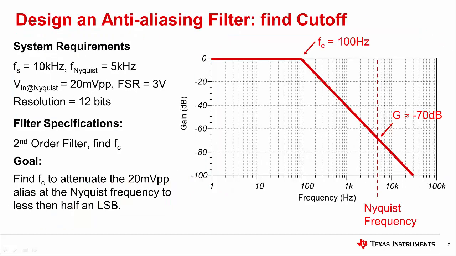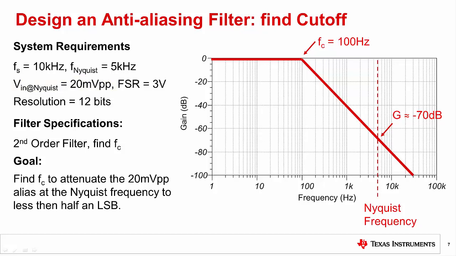Any signal above the Nyquist frequency can produce an alias. To avoid aliases, you would not intentionally apply a signal greater than the Nyquist frequency. However, you may have an unwanted noise signal at this frequency. In this example, we assume the largest input signal at the Nyquist frequency is 20 millivolts peak to peak.